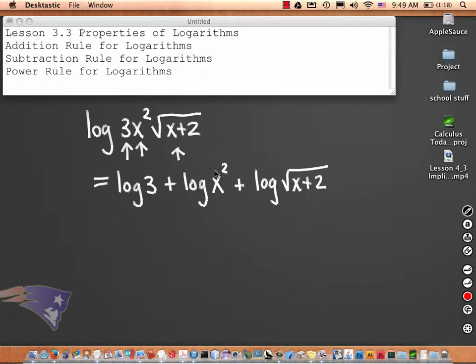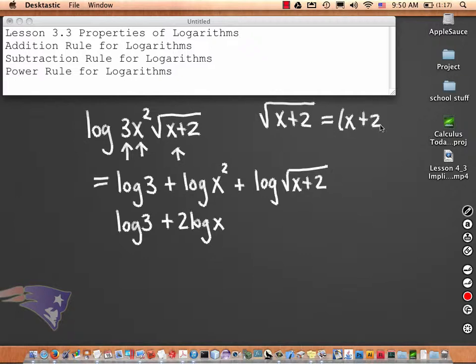Now this power rule says 2 can come down. So this is logarithm of 3 plus 2 log x. And it may have been a while, but remember the square root is the same as the 1/2 power. So the square root of x plus 2 is the same as x plus 2 to the 1/2 power, and that's a power, so the power rule still applies.